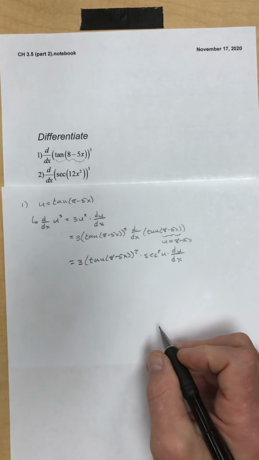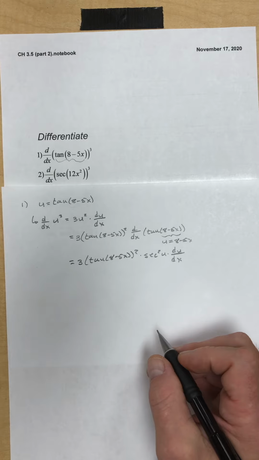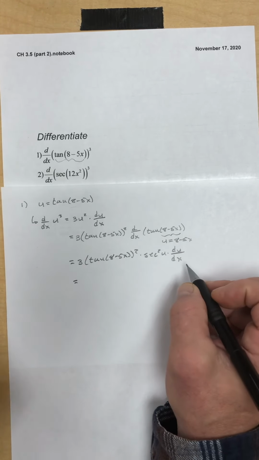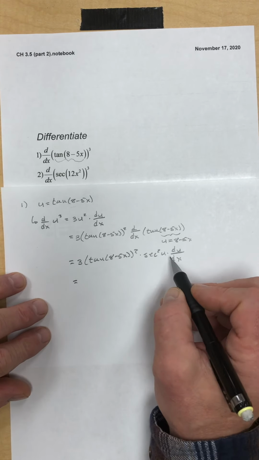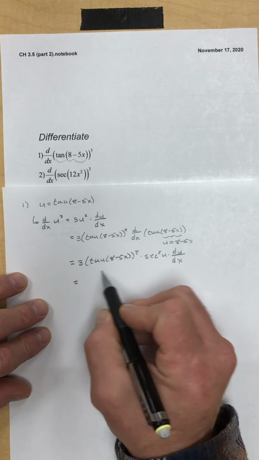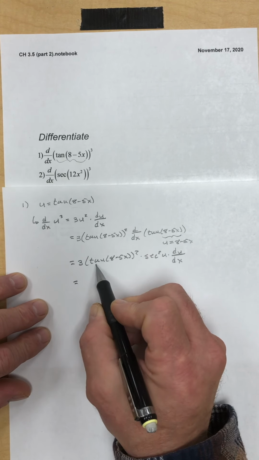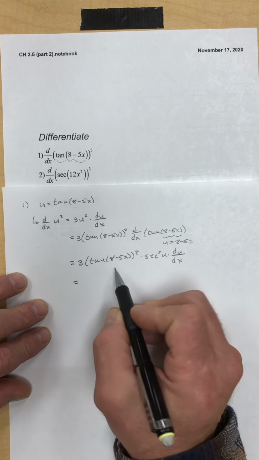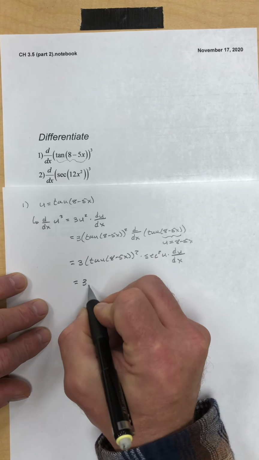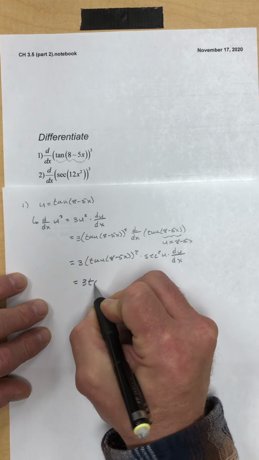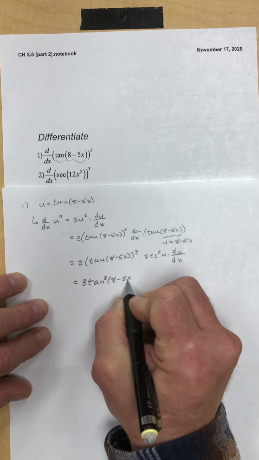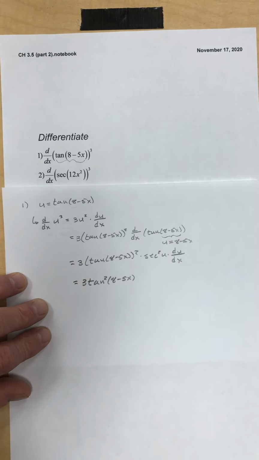Remember, the derivative of tangent is secant squared. Now I'm going to start substituting things back in and clean things up. Notice that if you have tangent of this whole thing squared, I can get rid of the outside set of parentheses if I want and write it as 3 times tangent squared of 8 minus 5x. Or you could leave it the way it is, that's okay.